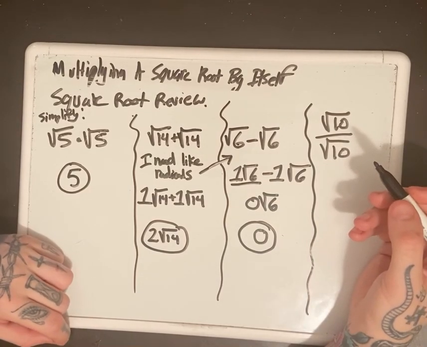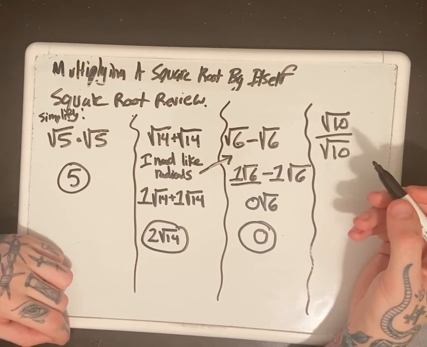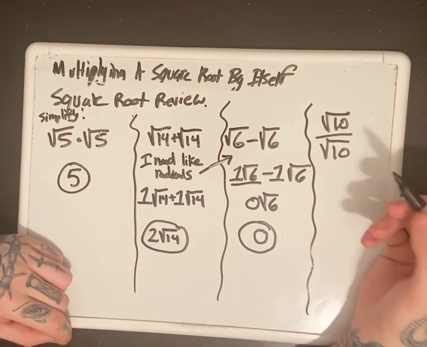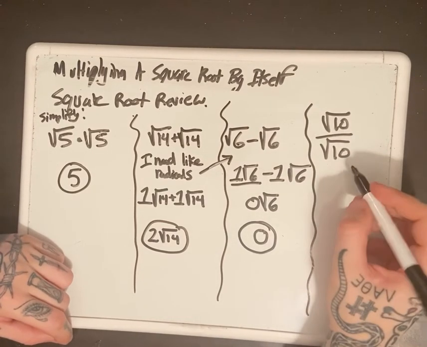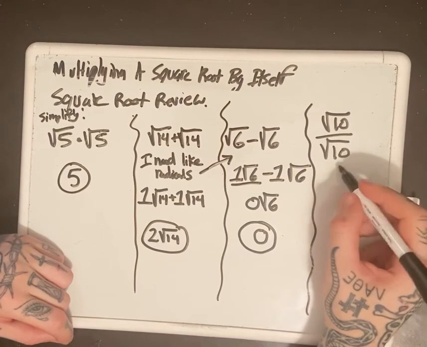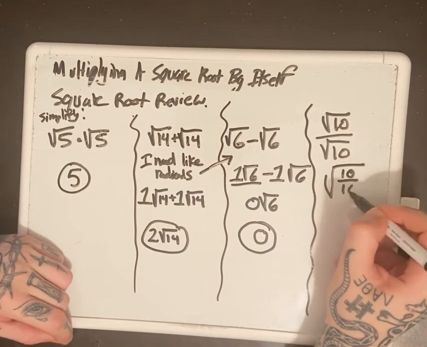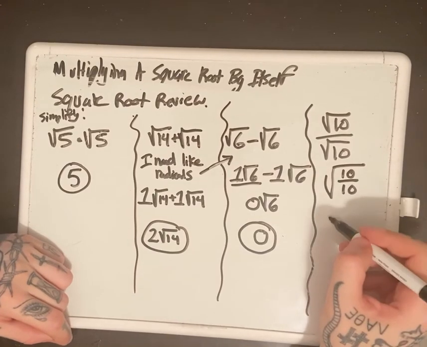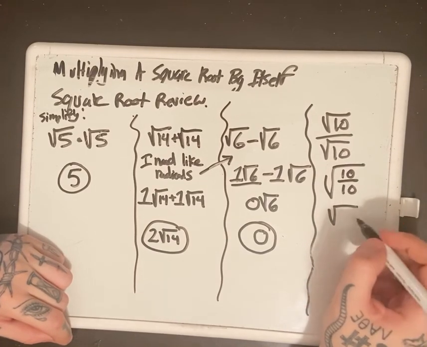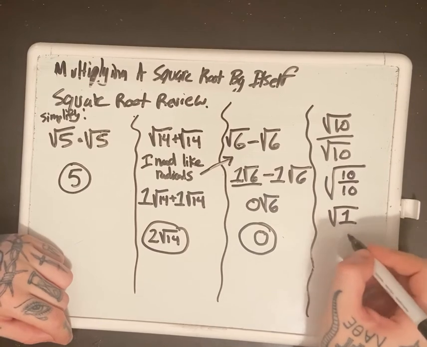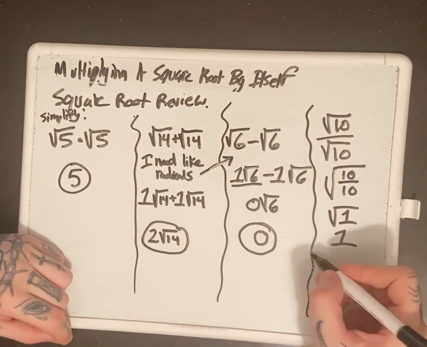I'm just trying to think of the way that they want to see it done in the curriculum. So I guess there's 2 ways. I'll show both, because both are fine. We could extend it to one big radical. We get 10 over 10. And we know 10 over 10 is just going to reduce to 1. Square root of 1 is 1.